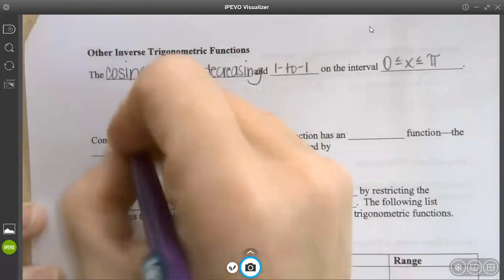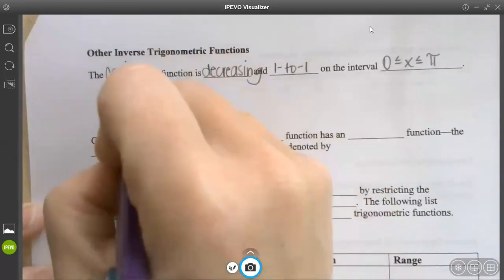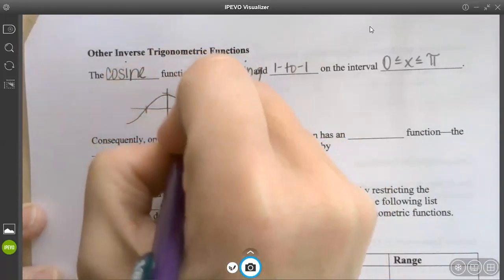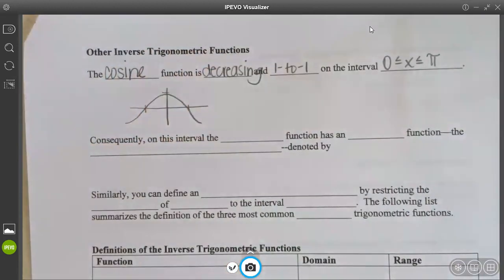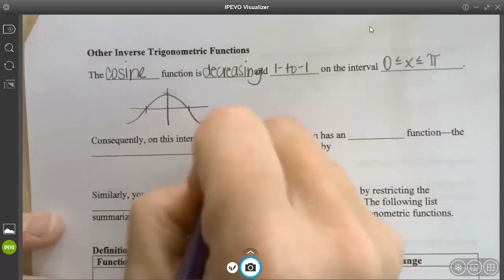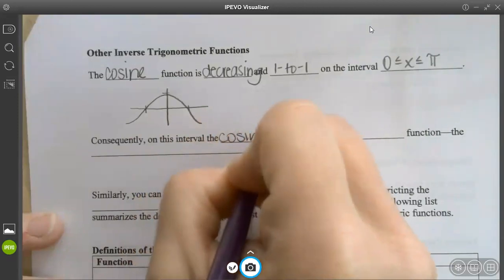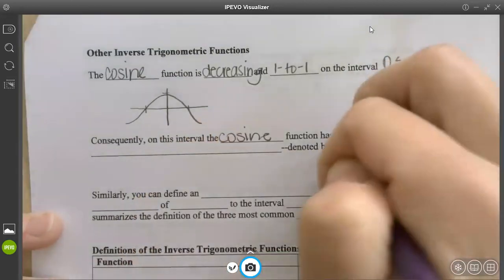So your cosine goes like this. Consequently, on this interval, the cosine function has an inverse function.